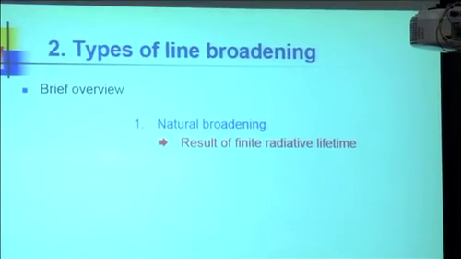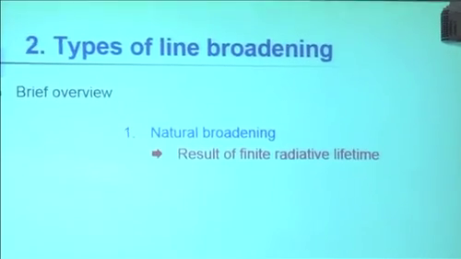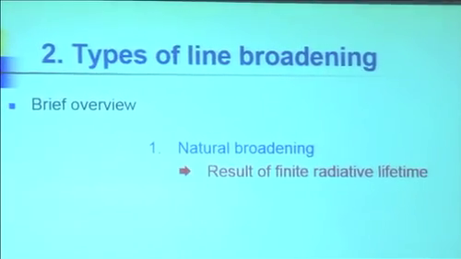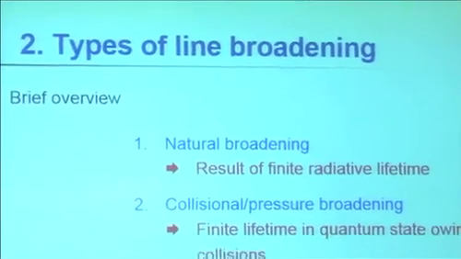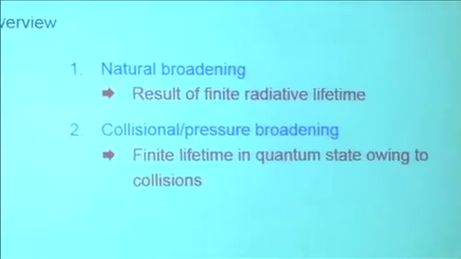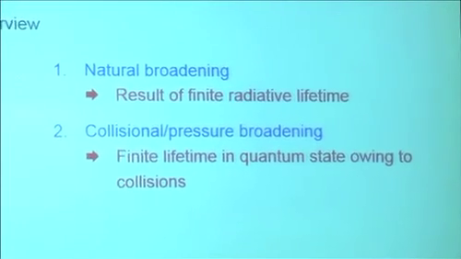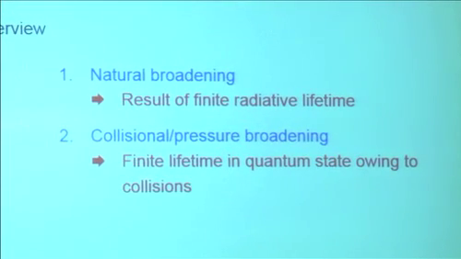Now, I'm going to review some of the primary types of broadening, which really fall into 2 categories. The first one is called natural broadening. It comes to us from the finite lifetime, the radiative lifetime that we've been talking about. And there's collisional broadening. It comes about because of the finite lifetime that it spends between collisions.